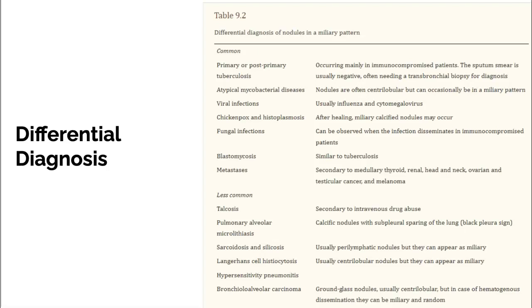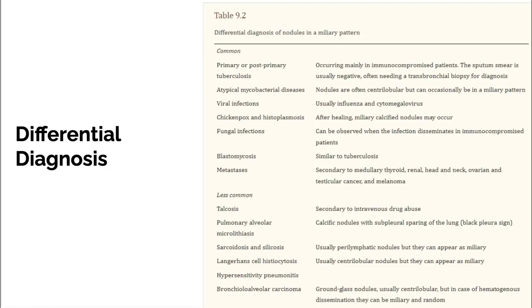Sarcoidosis and silicosis, usually perilymphatic nodules, but they can appear as miliary. Langerhans cell histiocytosis is usually centrilobular nodules, but they can appear as miliary. Then bronchoalveolar carcinoma can be seen with ground glass nodules, usually centrilobular, but in case of hematogenous dissemination, they can be miliary and random.